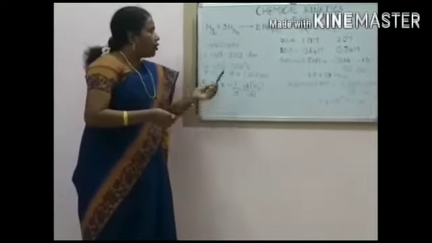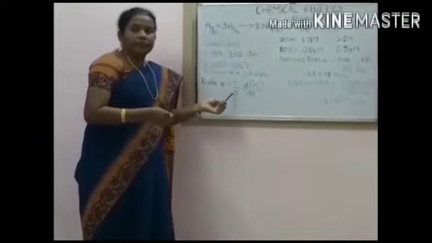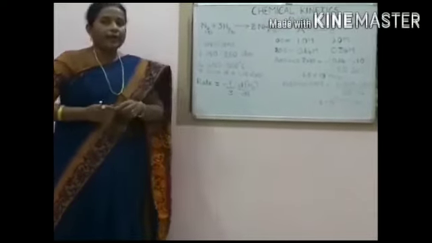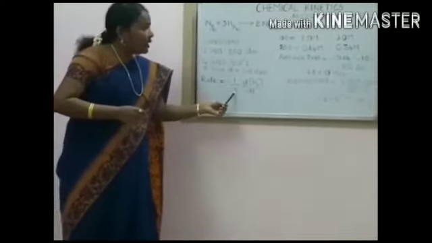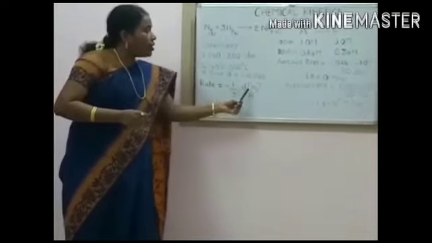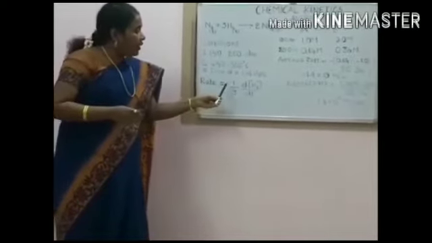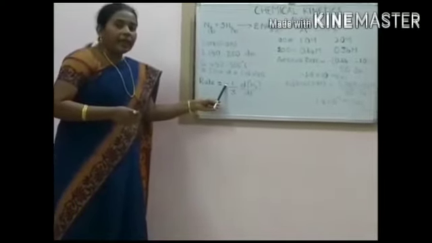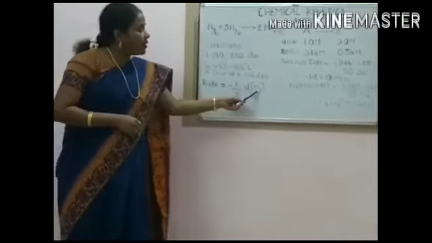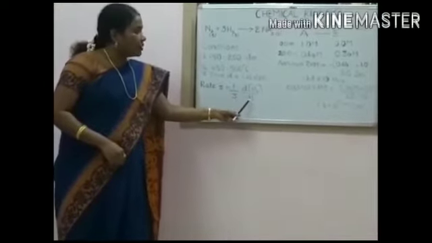Here the stoichiometric coefficient is 3. So we have to write minus 1 by 3 d by dt of concentration of hydrogen. Here I have written the negative sign because the concentration of hydrogen is decreasing with time.